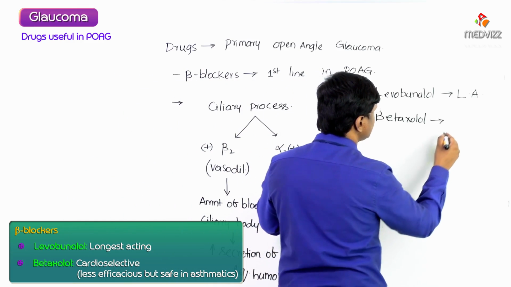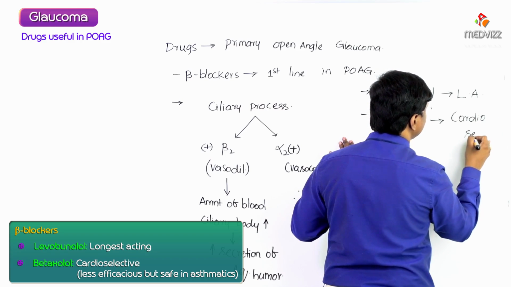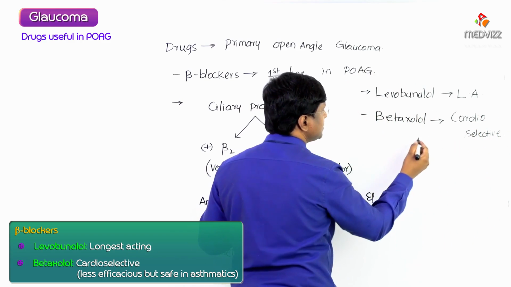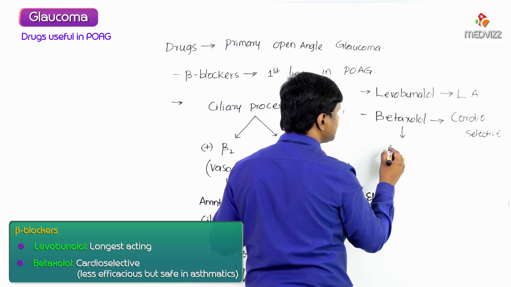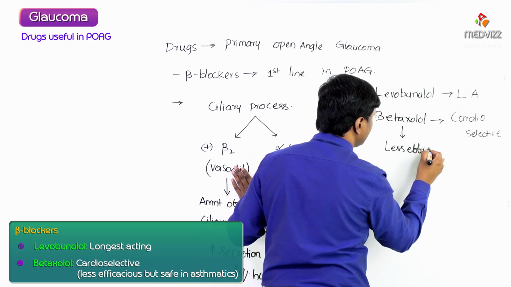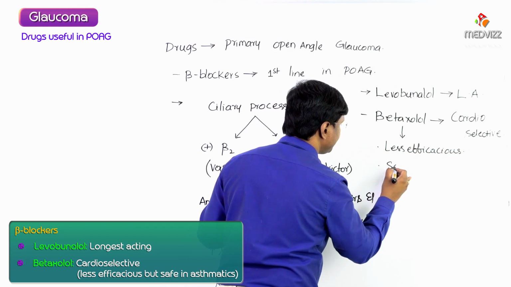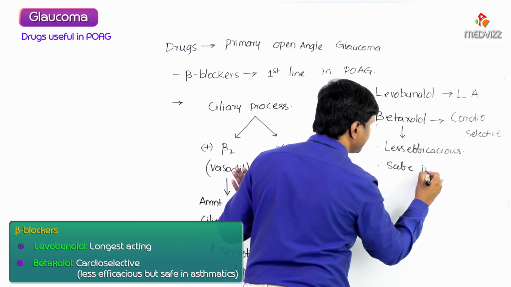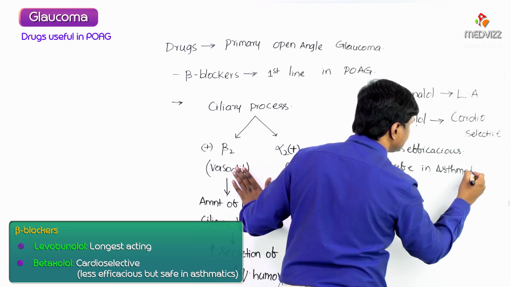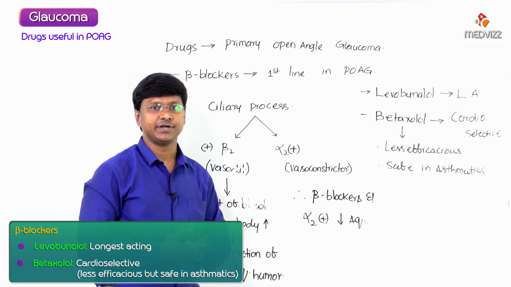So betaxolol is cardioselective, that is the reason why it is less efficacious, but safe in asthmatics. That is a very, very important point.